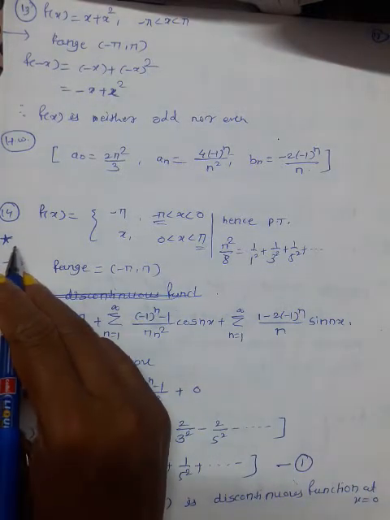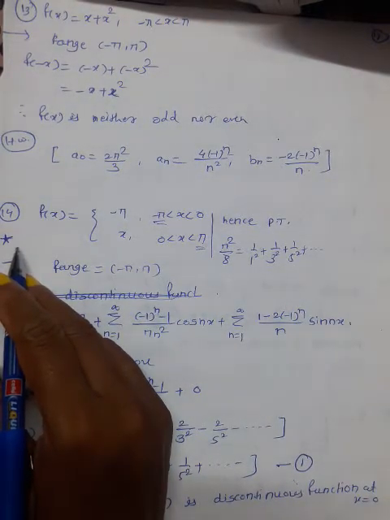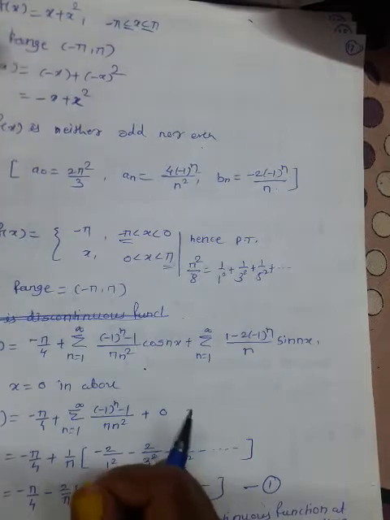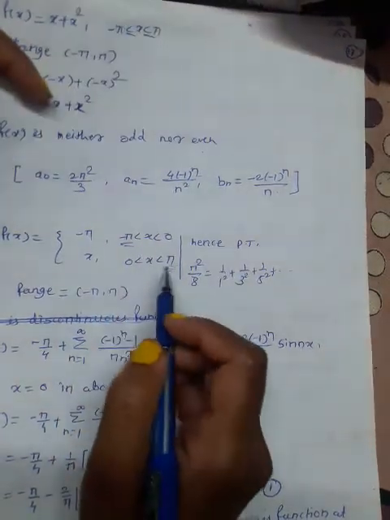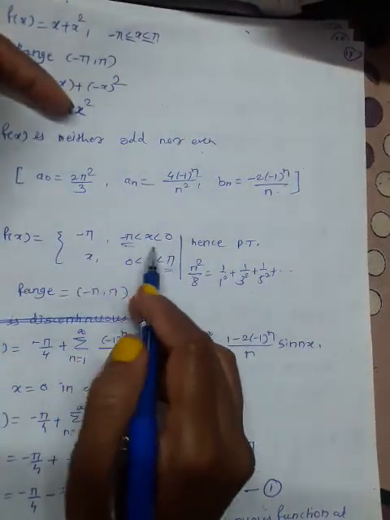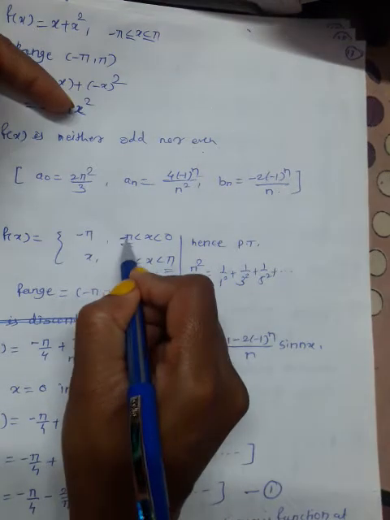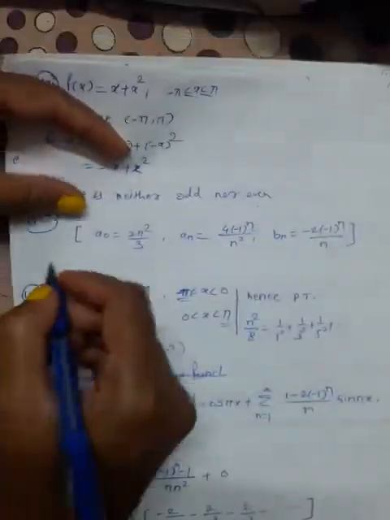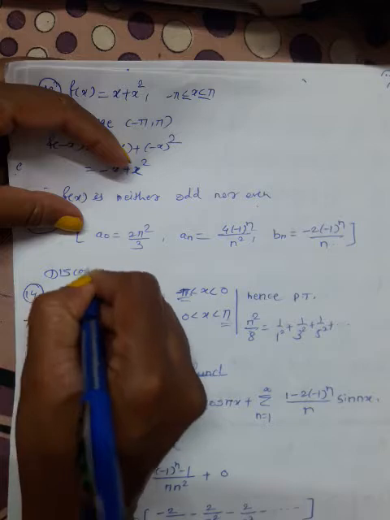This is an important example because in this particular example the function is a discontinuous function. It is a discontinuous function example.